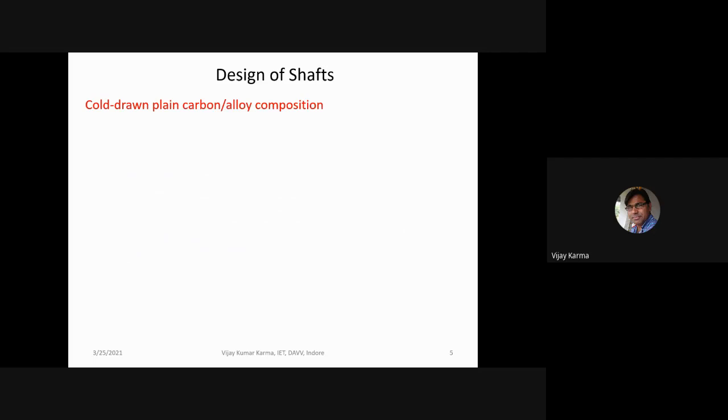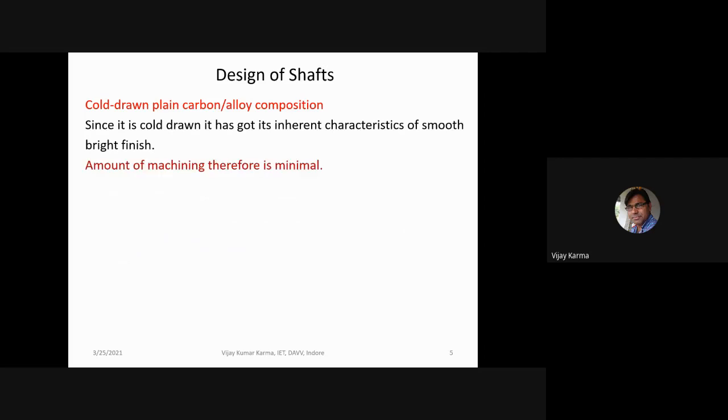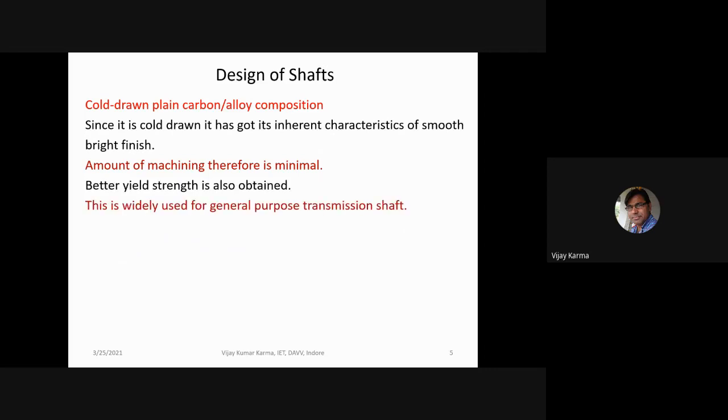Then cold drawn plain carbon or alloy steel: since it is cold drawn, it has its inherent characteristics of a smooth, bright finish. So the surface will be smooth, and therefore the amount of machining required is minimal. Yield strength is better, and these are widely used for general purpose transmission shafts.